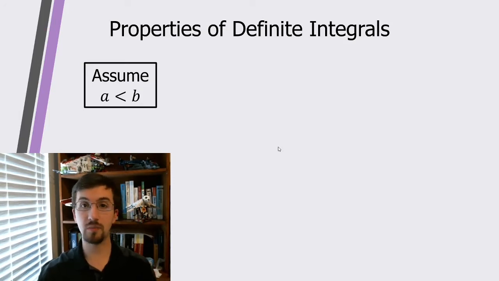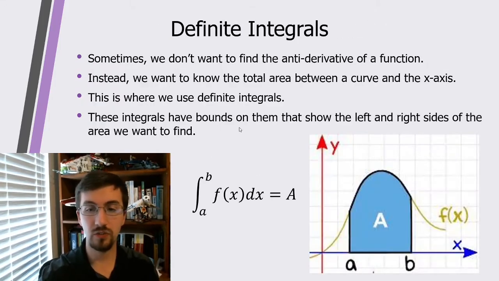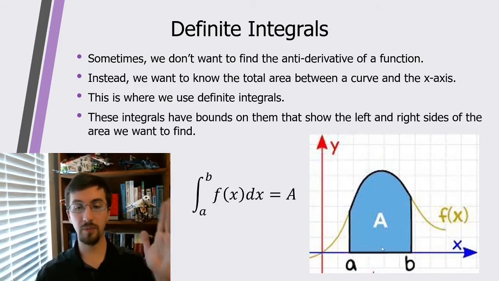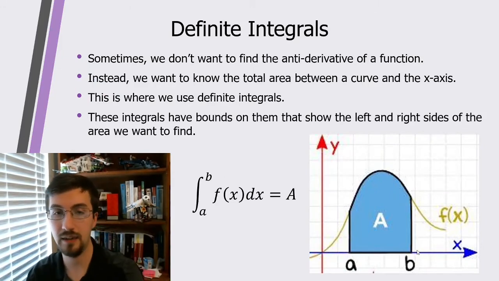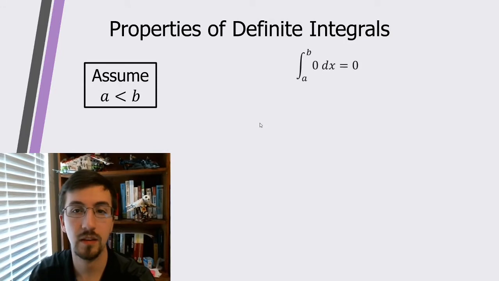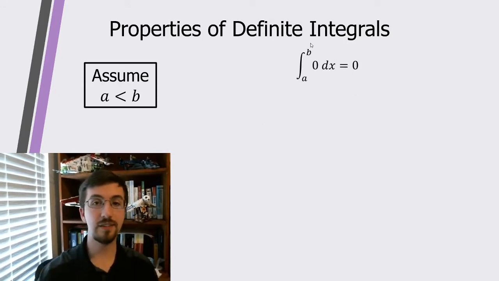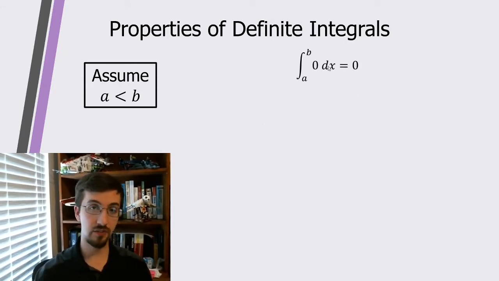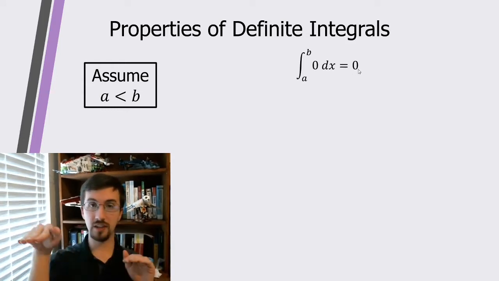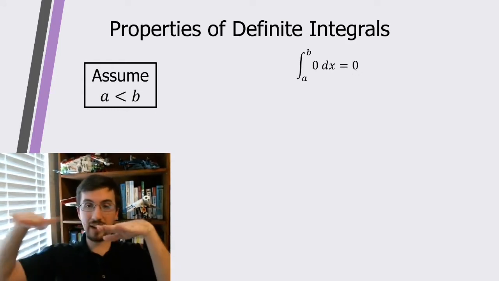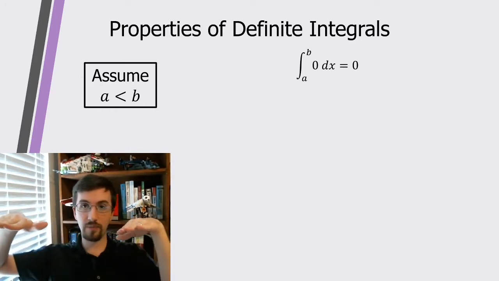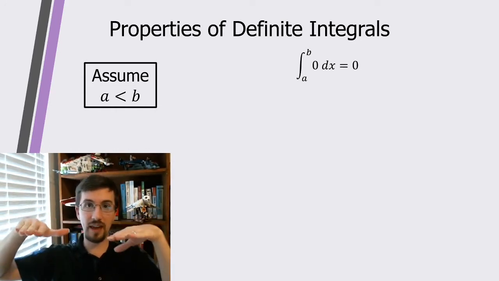So let's talk about some properties of definite integrals. These are really important properties to understand. The first thing we're going to do, assume that a is less than b. So assume, just like in this picture, we're always going from left to right, from a to b. So the first thing is if you're taking the integral of 0, it's 0. If your function is right on the x-axis, if it's at 0, there's no area under that.